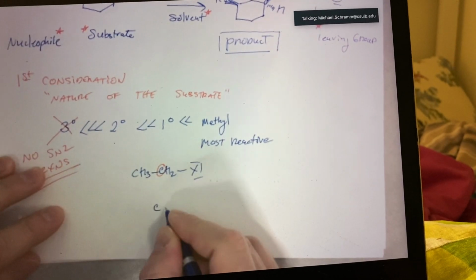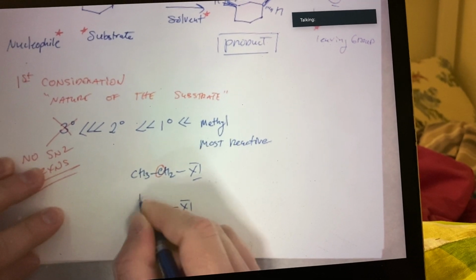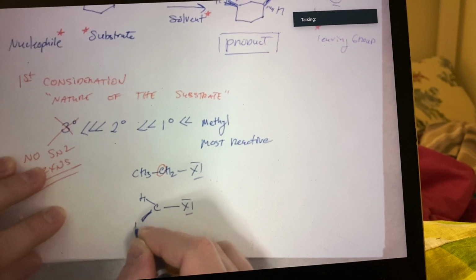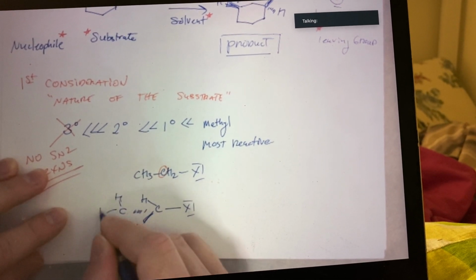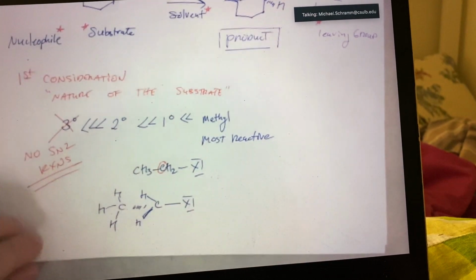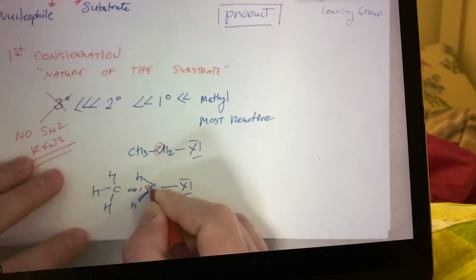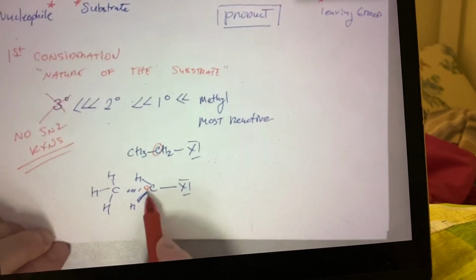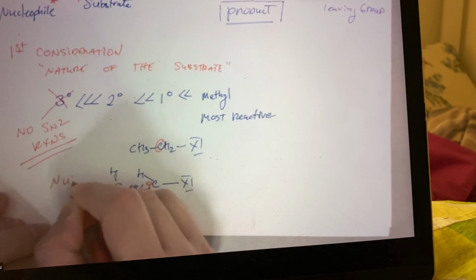So let's actually try and draw this out a little bit differently. So this is our molecule, and this is the location where the nucleophile has to find its way. So we'll just draw a nucleophile over here.